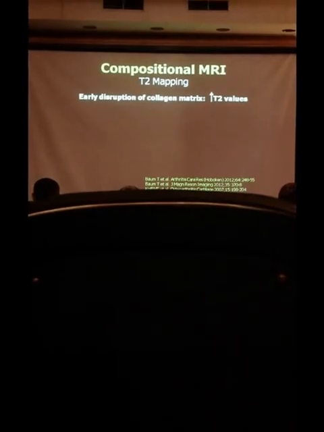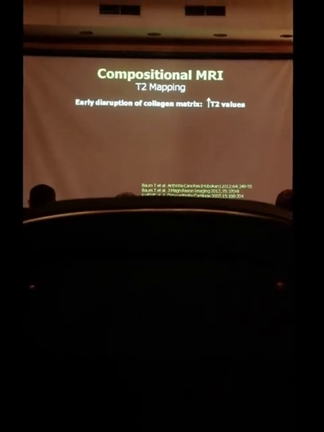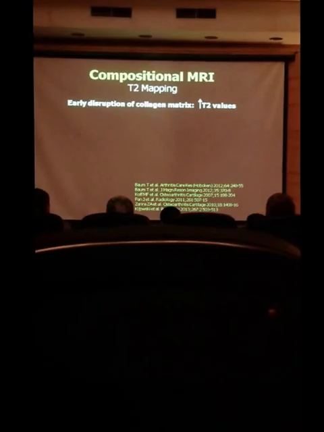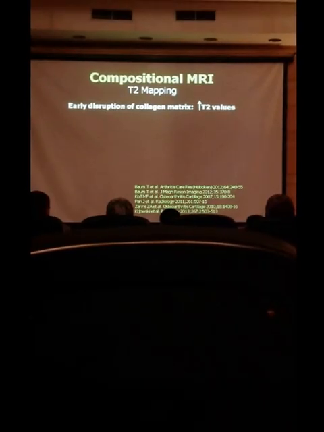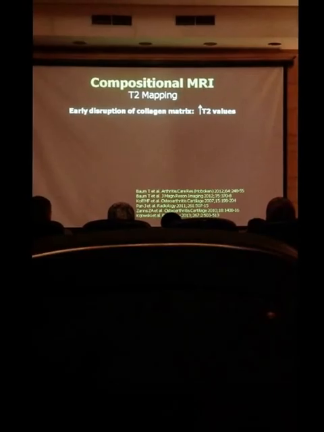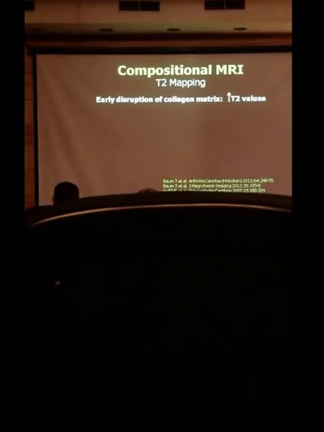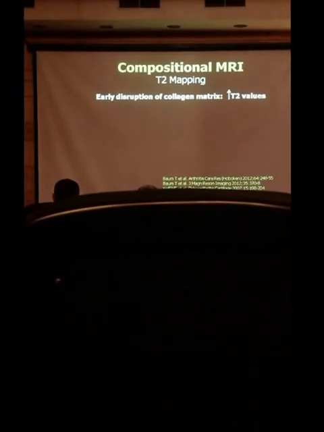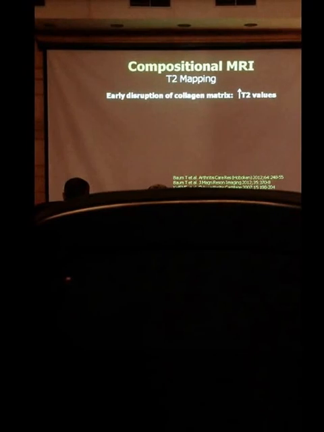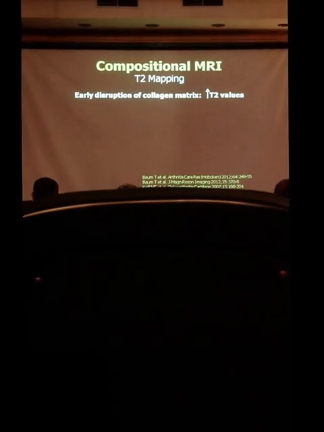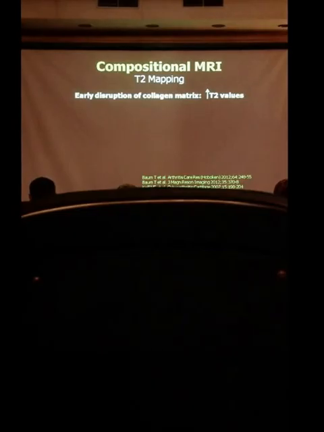When it happens, within the matrix, in the relationship between the collagen and water, we're going to have a breakdown of collagen, and we're going to have more water molecules free within the cartilage matrix. And when we increase the content of free water in the cartilage matrix, we will increase the T2 values of cartilage at that site, indicating that we have a breakdown of collagen content within the matrix.